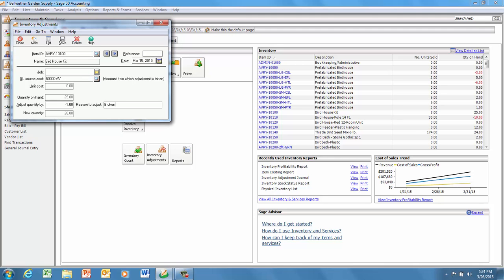Notice that now the new quantity is 28. This will also make a general journal entry to take this out of the inventory account in the general ledger as well.